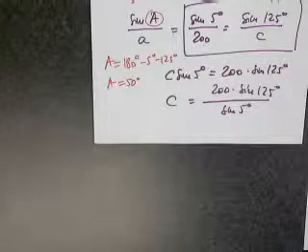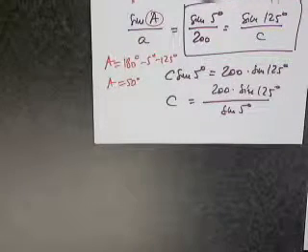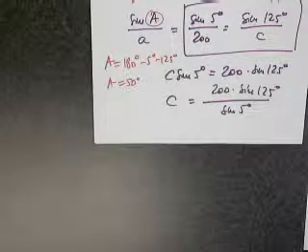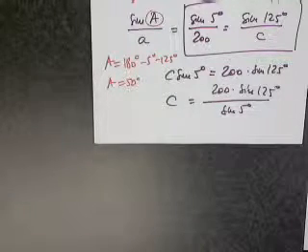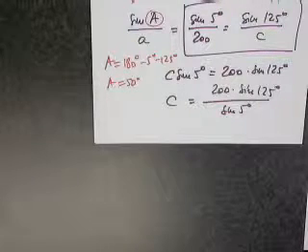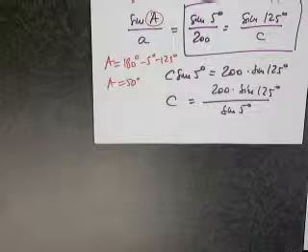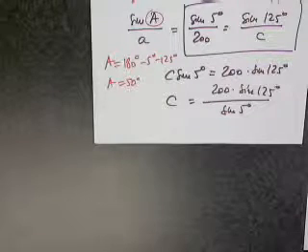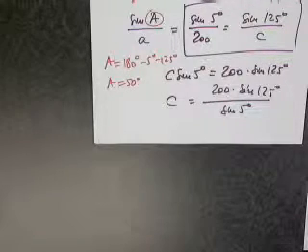Lowercase c I meant. What we have there, parentheses, 200. Although, since we have only one factor in the denominator, it would work without it, but just to be on the safe side. I'm going to look at the mode. It's in radians. I have to change it into degrees.